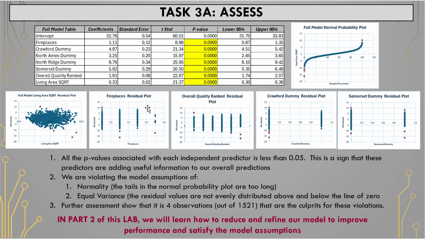If we look at our residual plots, we can see that we'll also have some violations with this normal variability in the residual values. Remember, we want to be able to draw a rectangle over these residual plots. We don't want to see any significant patterns. We don't want to see any points just floating out in space.